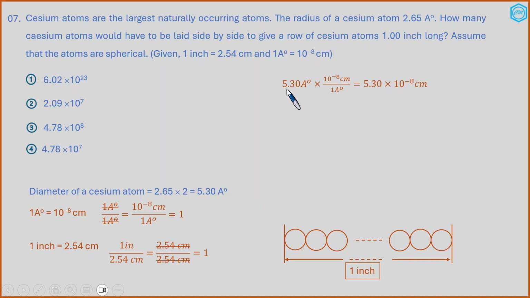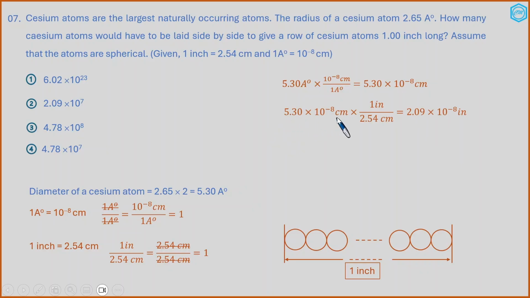Now the diameter of one cesium atom, that is this much distance, and that is 5.30 angstrom. So we multiply by this unit factor, angstrom and angstrom cancel, and we get the diameter of one cesium atom as 5.3 into 10 raised to minus 8 centimeter.